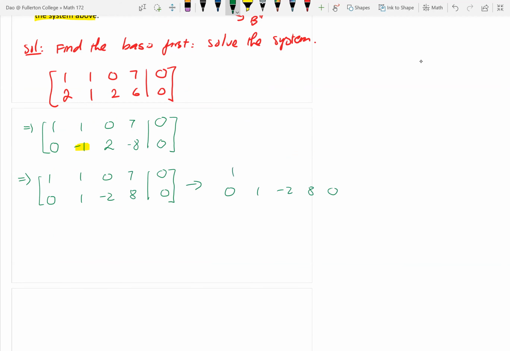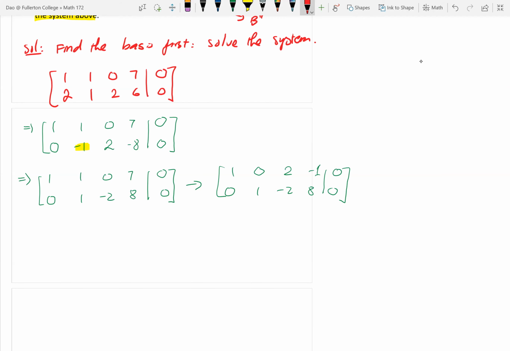Get a 1 here, get a 0 here, and then negative 1 times that, so we have positive 2 here. Negative 1 times a is negative a, plus 1 is negative 1, and then you get a 0 here. All right, so that's the best we can do using RREF.